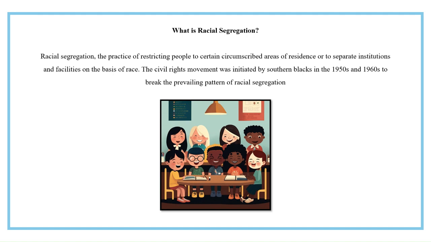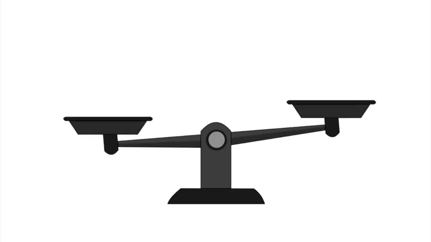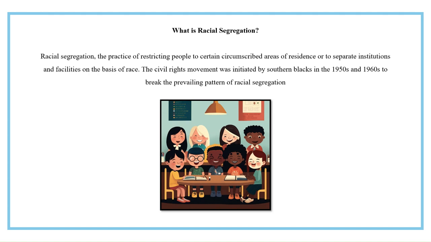The pursuit of civil rights for black Americans was inspired by the promise of democracy and by the Declaration of Independence, which stood for equality of all people and the inalienable rights of all people to life, liberty, and the pursuit of happiness.